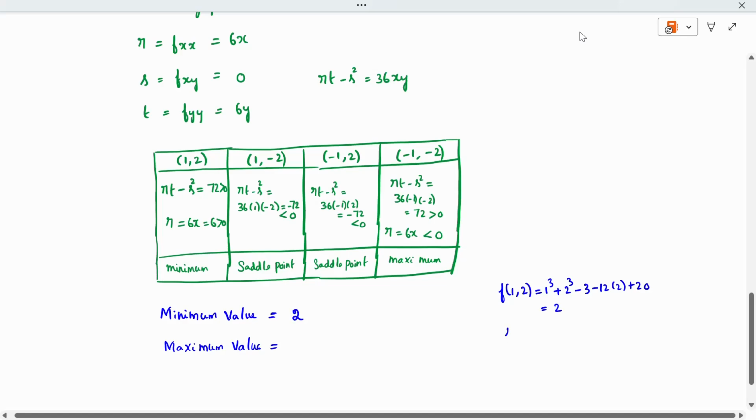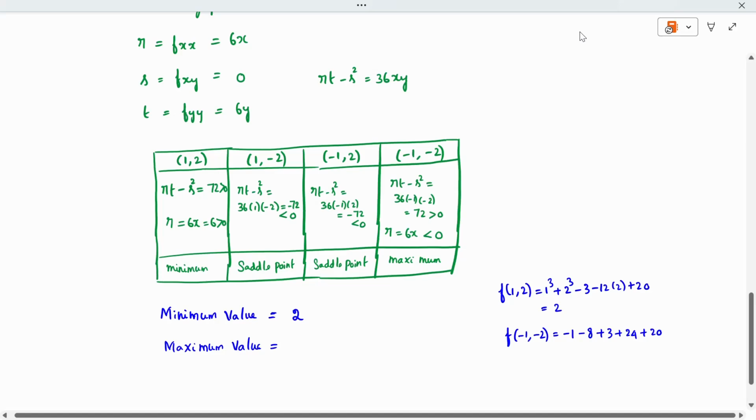Same way, f of which stationary point is the maximum? So f of minus 1 comma minus 2, substitute in the same function. Minus 1 the whole cube is minus 1, minus 2 the whole cube is minus 8, again plus 3 plus 24 plus 20.